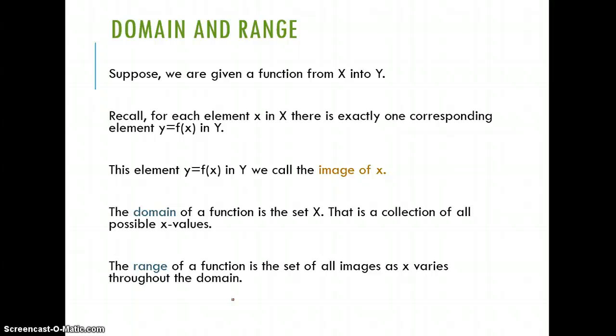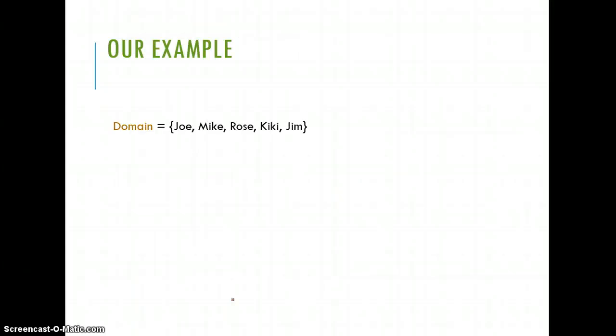Alright, the domain is all of the values that we have for x, and the range is all of the values that we get out of my domain. So every student has a height, every student is the domain of all students, and the range are the different heights that they have. So this is our example.